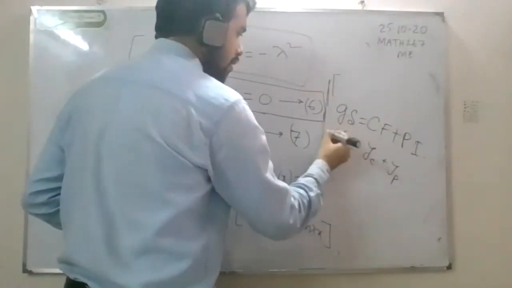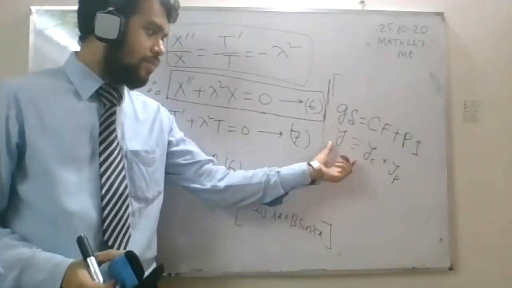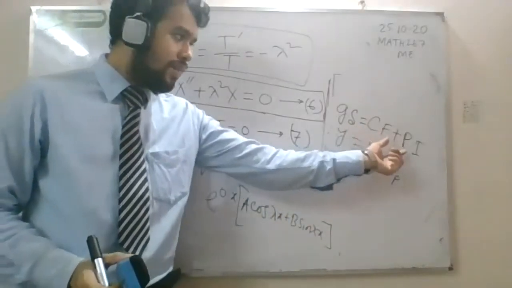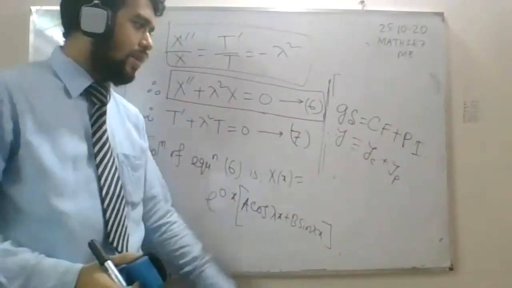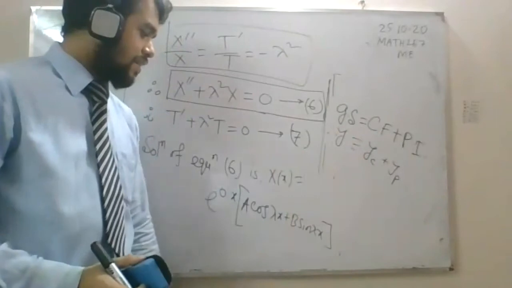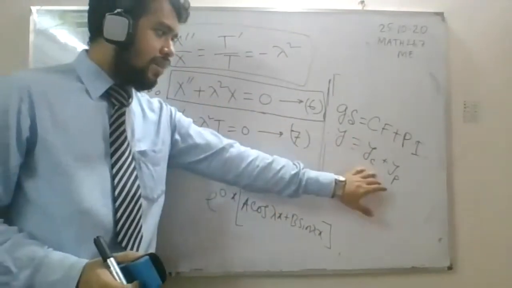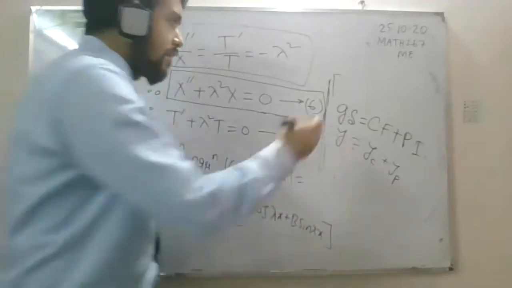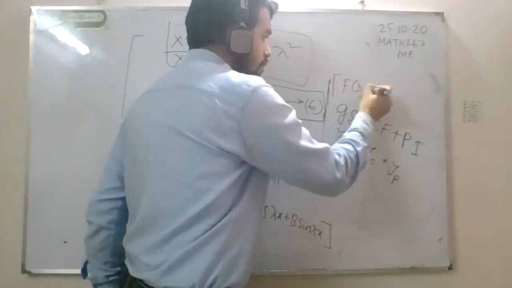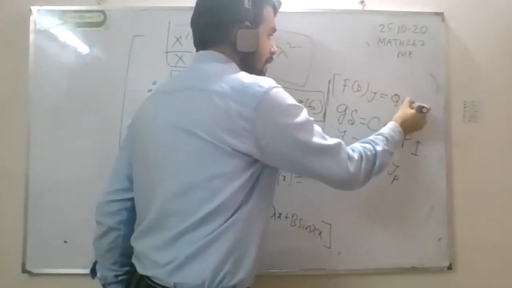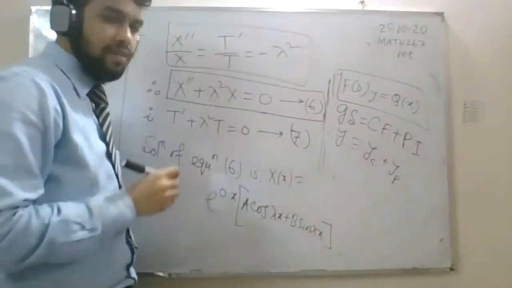The way we solved differential equations was to find the complementary function and add the particular integral. But here, just take a look at the right hand side: this is for homogeneous, that means f(D)y equals Q(x). Suppose this is our equation which is non-homogeneous.